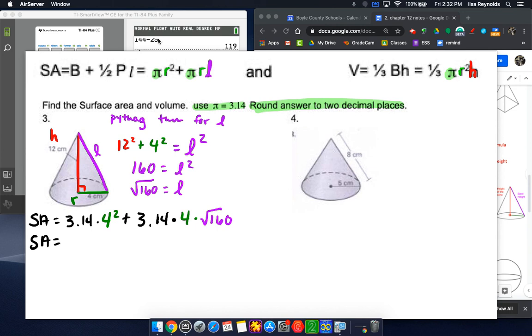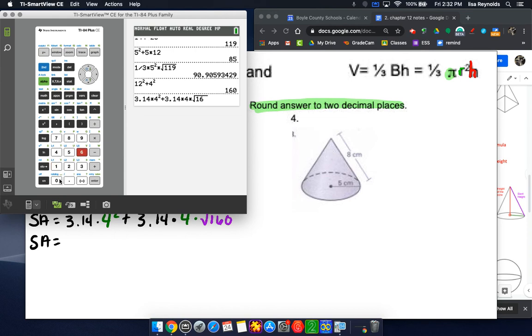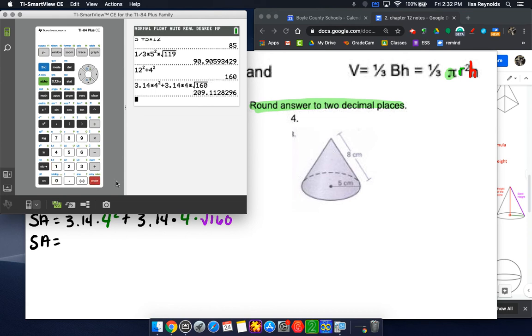So this is what we're going to calculate. 3.14 times 4 squared plus 3.14 times 4 times the square root of 160.